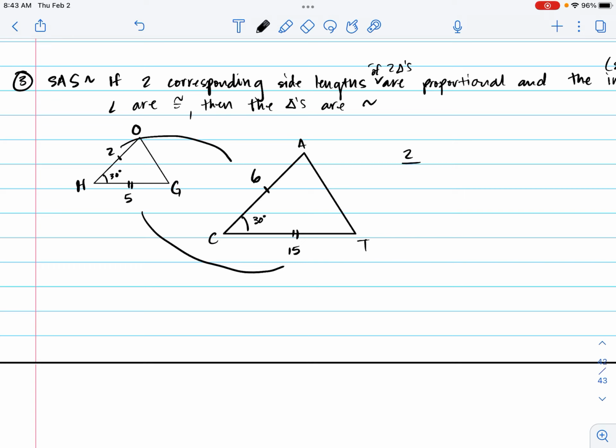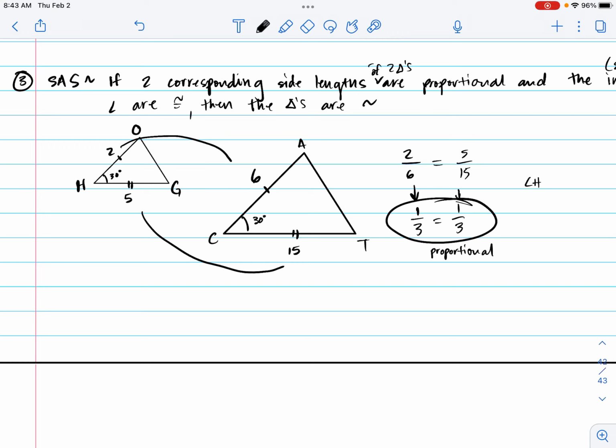So we could say 2 over 6, and is that going to have the same scale factor as 5 over 15? Well, 2 over 6 reduces to 1 over 3. 5 over 15 does the same. 1 over 3. So these are proportional.